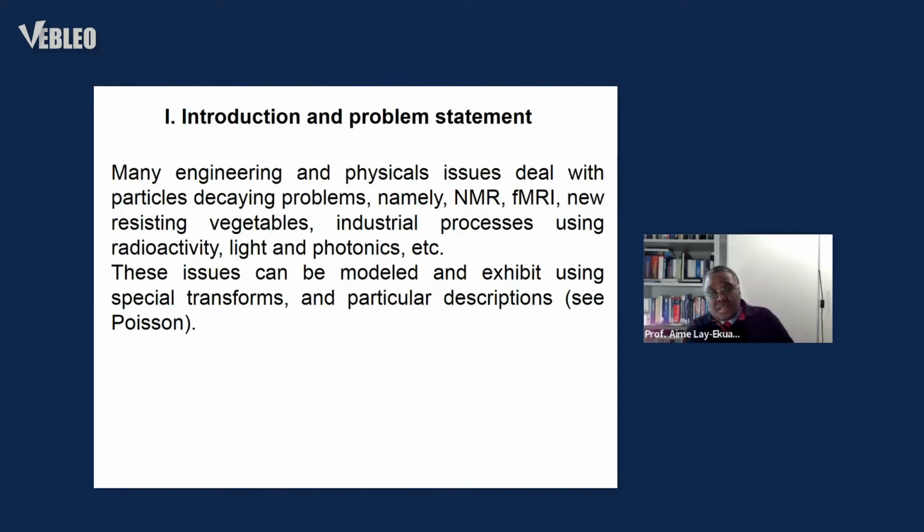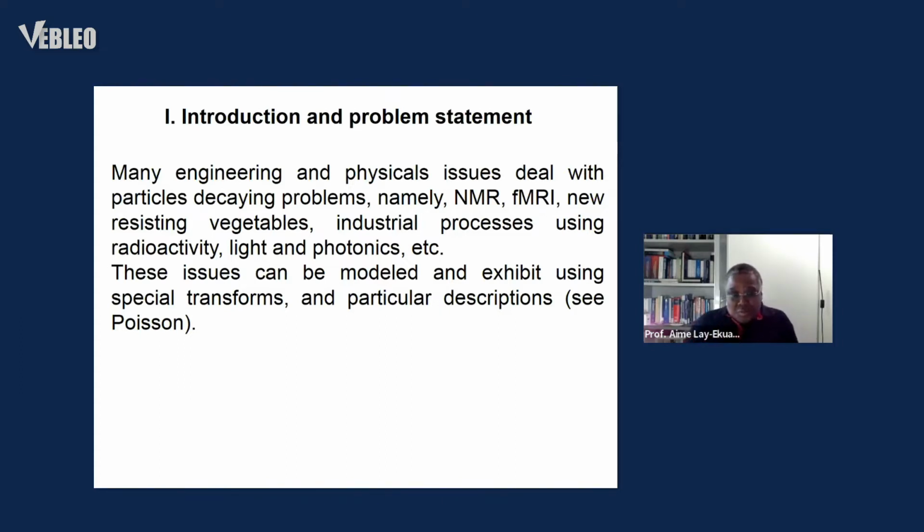in detecting how it is possible to bring together vegetables, plants, in order to give them properties of resisting external agents. And it is also possible to explain industrial processes using radioactivities.